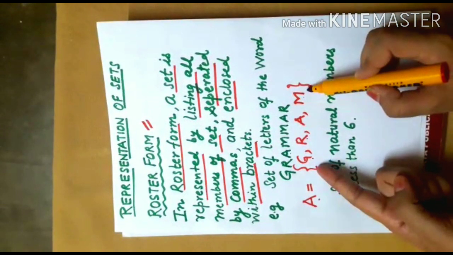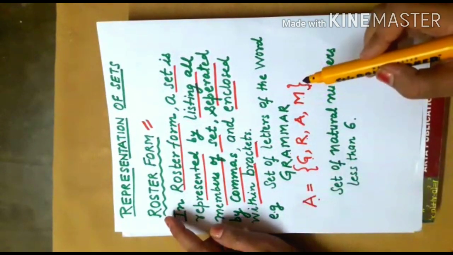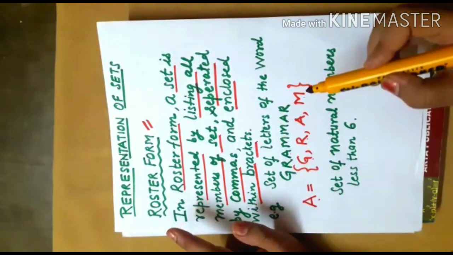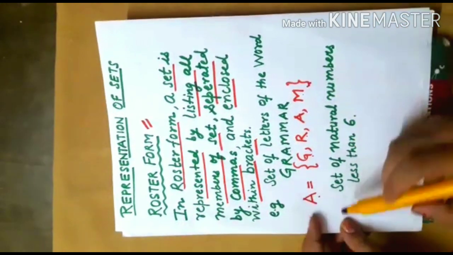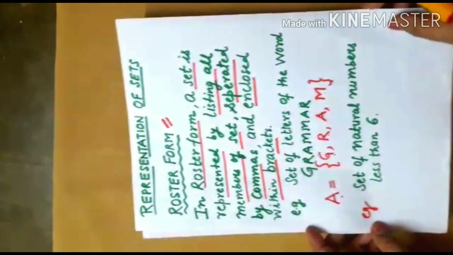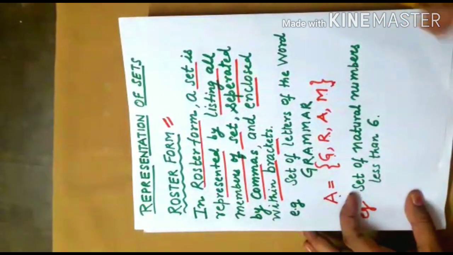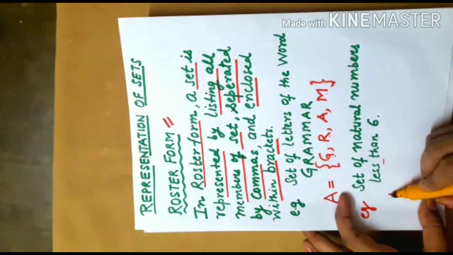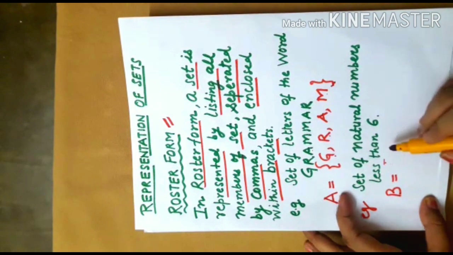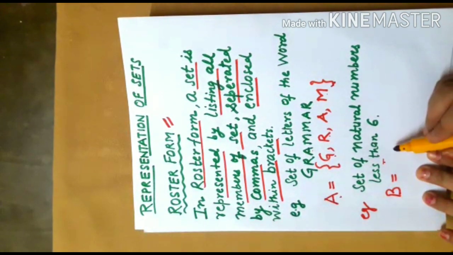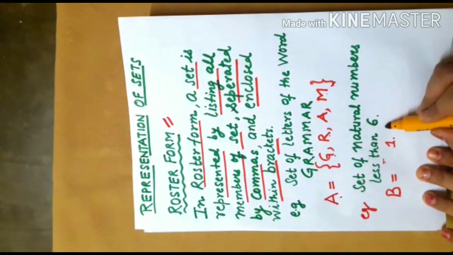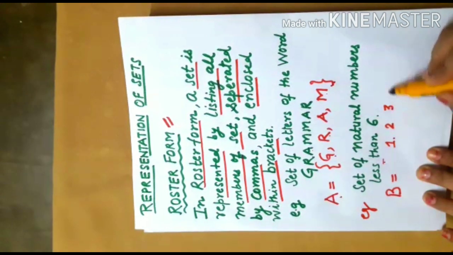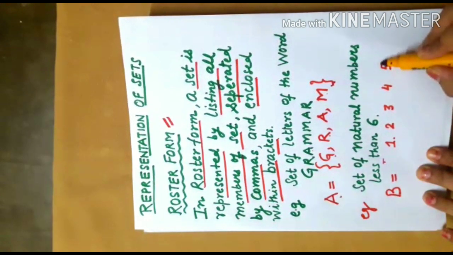So this type of representation is called the roster form of representing the set. Let's take another example. Set of natural numbers less than 6. I denote the set with the letter B. Now, natural numbers which are less than 6 are 1, 2, 3, 4, 5.